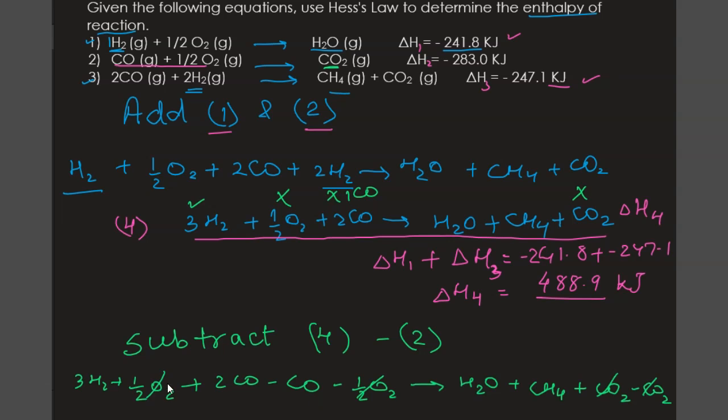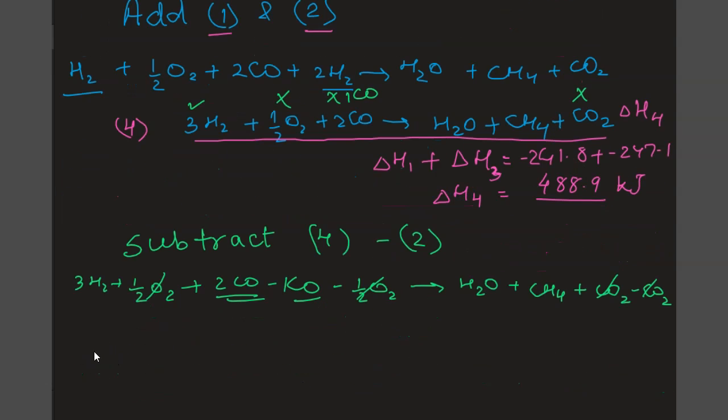So negative half O2, positive half O2, and 2CO minus 1CO gives us the final reaction as 3 hydrogen plus 2 minus 1, which is 1 carbon monoxide gives us water plus methane. Now, how did we get this? By subtracting the second reaction from the fourth reaction.